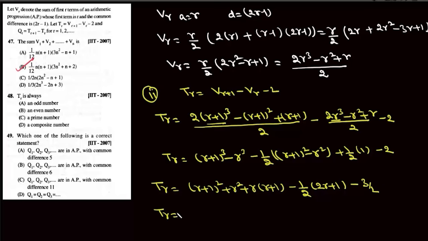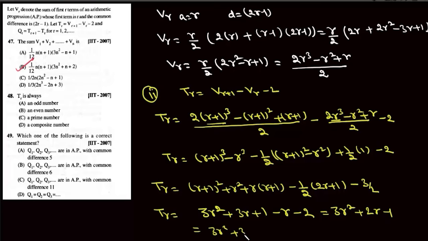So we can write this T_R as 3R square plus 2R plus R, 3R plus 1, and then minus R, and this is minus 1 by 2 minus 3 by 2, so there will be minus 2. So we can write this as 3R square plus 2R minus 1, or it will be 3R square plus 3R minus R minus 1. So we can write this as (3R minus 1)(R plus 1), which is the product of two factors.